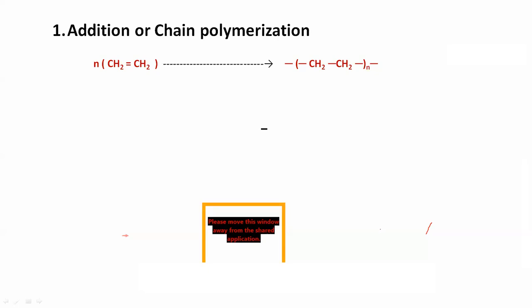Addition or chain polymerization. I will first write a simple reaction which we have already studied. This is polyethylene preparation from ethylene monomer. Polyethylene is a polymer which contains n ethylene linkages, and ethylene is the monomer. Ethylene has one double bond, so it has proper functionality.